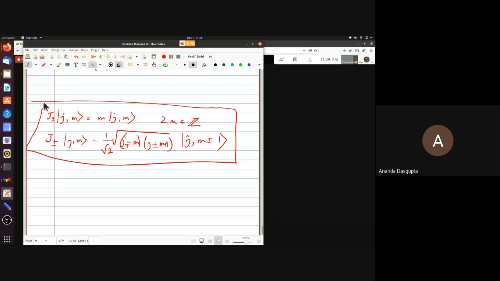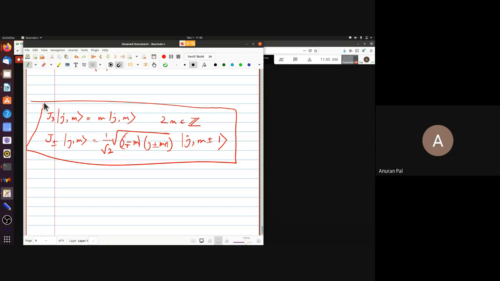Or what did we really need? We did use J plus equal to J1 plus iJ2. Yeah, but J1 plus iJ2 is not a specific form. You're just using a specific combination of the operators. But J1, J2, did you use what form J1, J2 have?